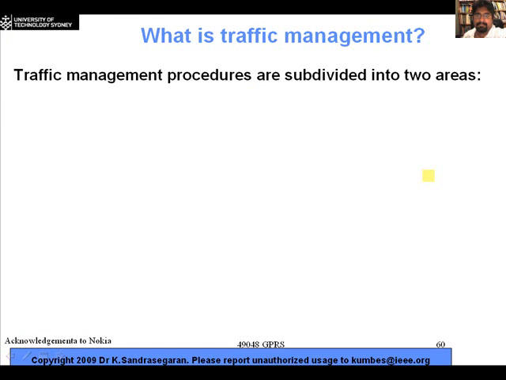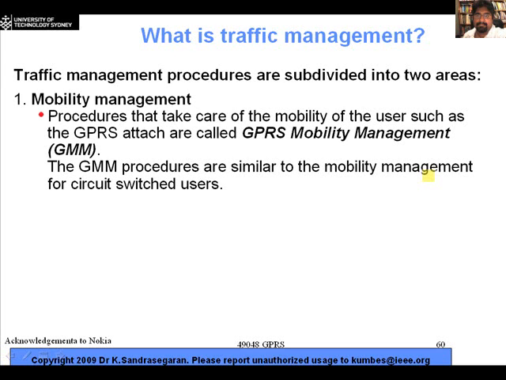So when we talk about traffic management in GPRS, there are two things that come to mind. The first one is mobility management. As a subscriber moves around, you have to manage their mobility, because when there is a mobile terminated call or a mobile terminated packet, we need to know where a subscriber is located.